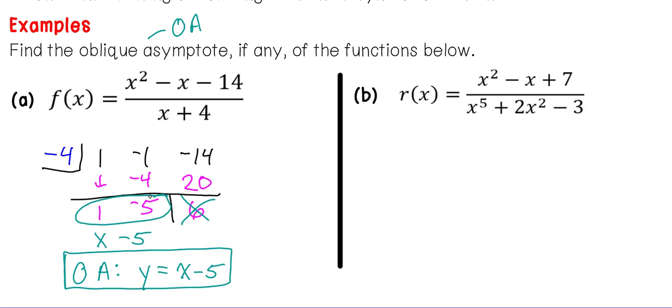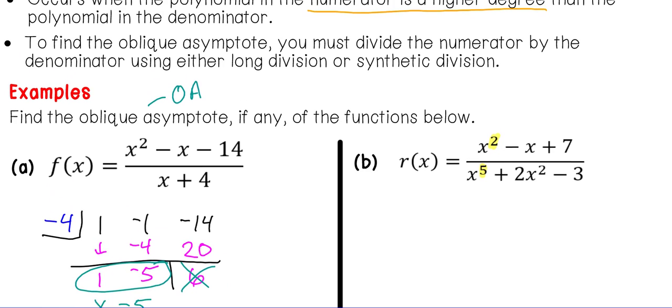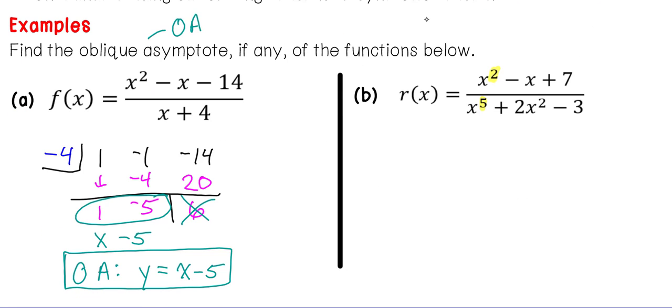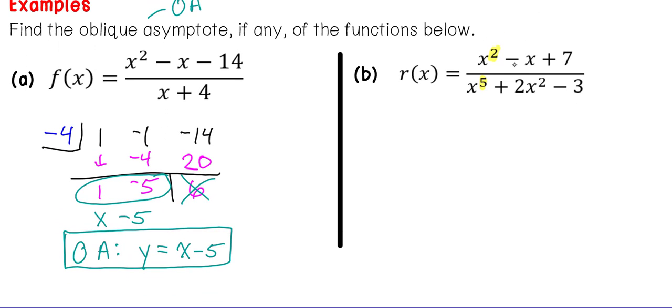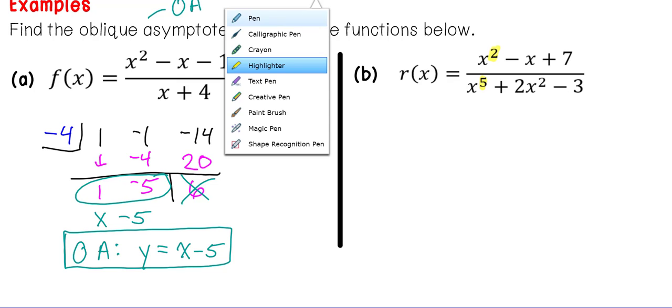All right, so if we look at this next example, the numerator has a degree of 2 and the denominator a degree of 5. Do I need to divide this? What was the one rule that we said? We said that the numerator must be a higher degree. So in this case, the numerator degree of 2 is not higher than 5.